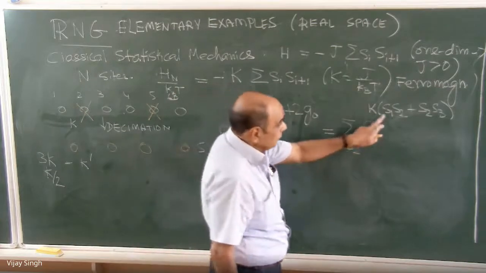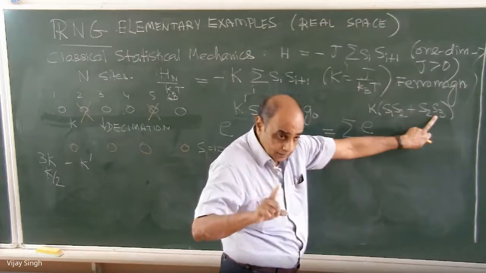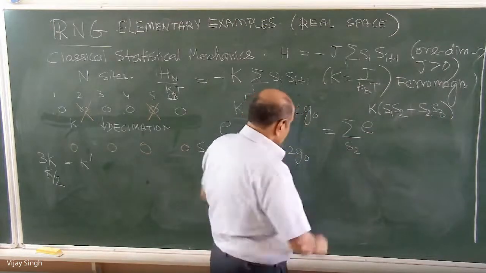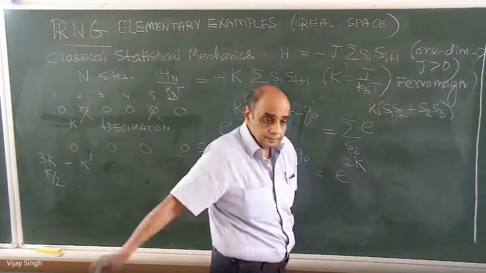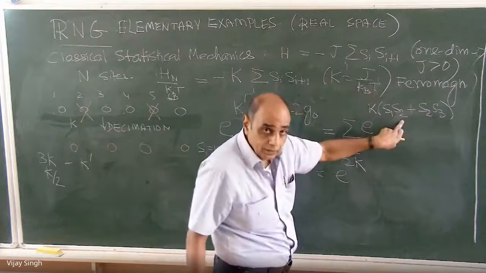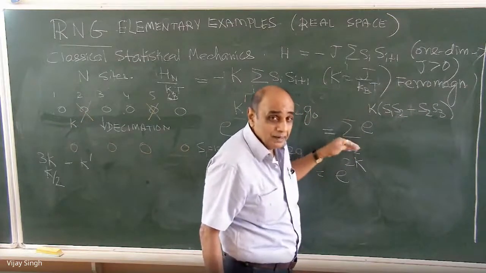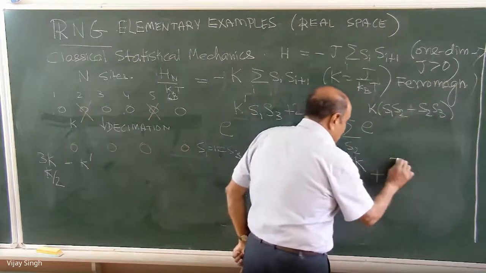S1 and S3 are 1. So S2 can be 1. In this case, this would become e raised to 2K. But S2 can also be minus 1 because I'm summing over all possible configurations. That is what a partition function is supposed to do. Plus these 2 groups.